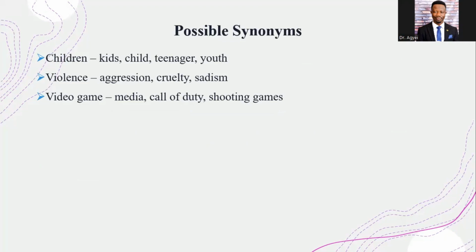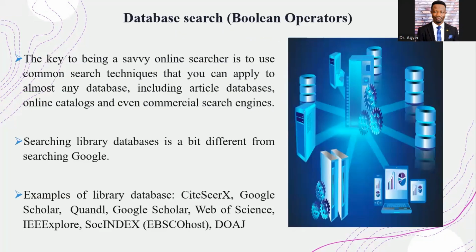For violence, you can look at aggression, cruelty, sadism; kids, child, teenagers, youth; video games, media, Call of Duty, shooting games. Some people may be doing studies with this kind of words. So if you have these words and start playing around in the database, you'll be able to get what you are looking for.